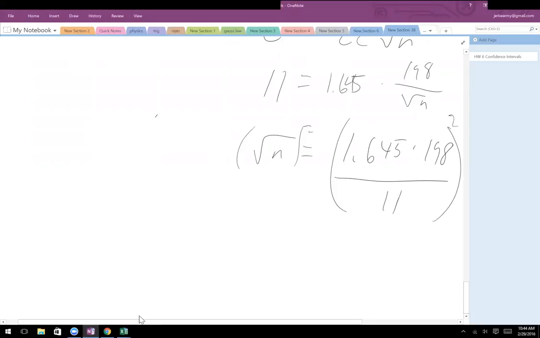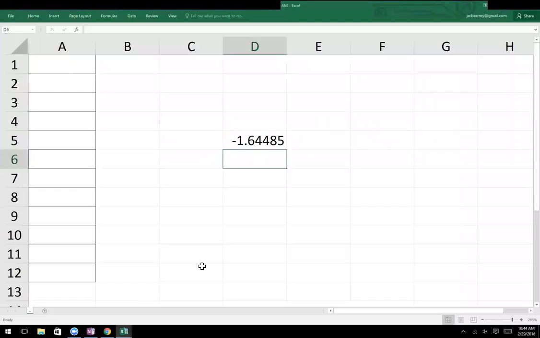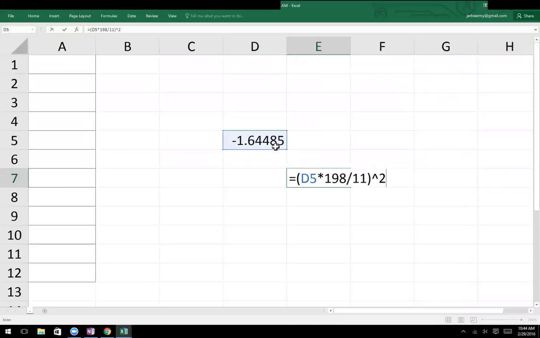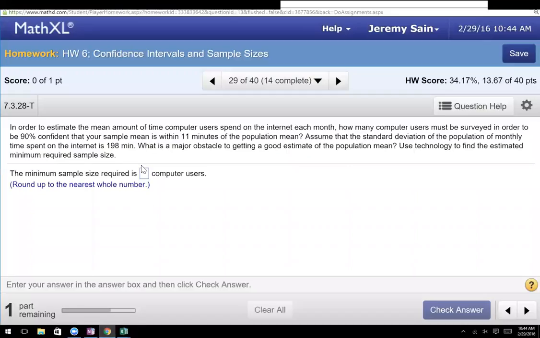So that, 1.645 times 198 over 11 squared, is 877 people. That's a lot of people.